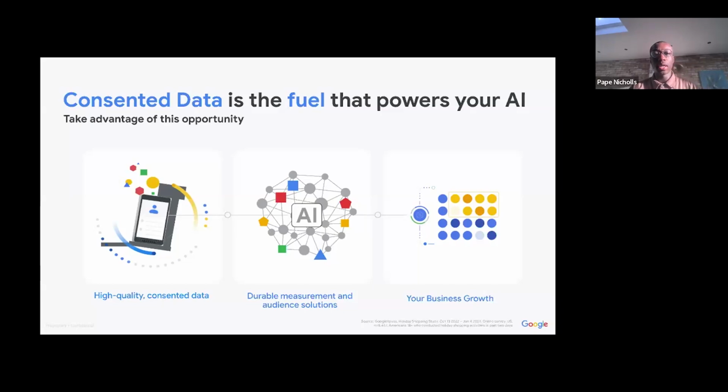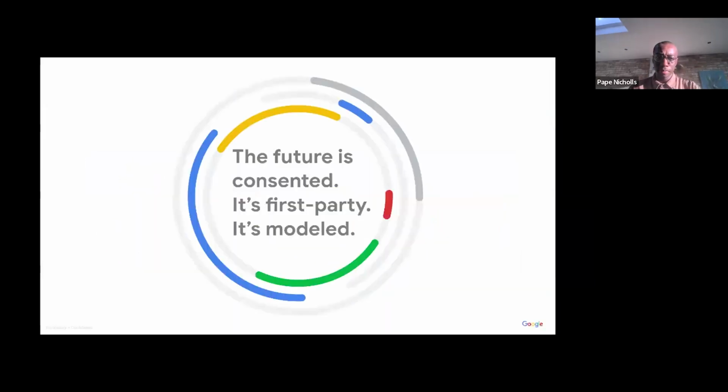These solutions are based on AI and depend much less on trackers. But more than anything else, this data must be of quality and, of course, consented, which is in line with our responsible approach to data collection. So to summarize, the future is consented, it's first party, and it's modeled.